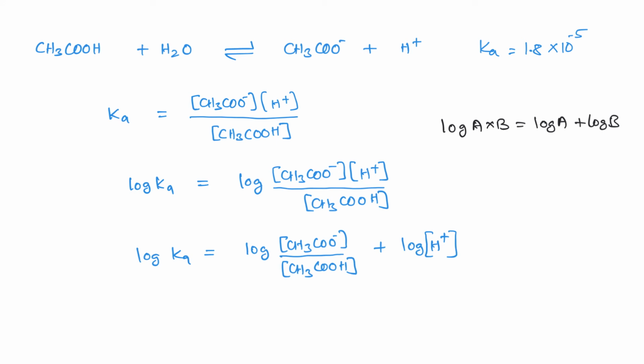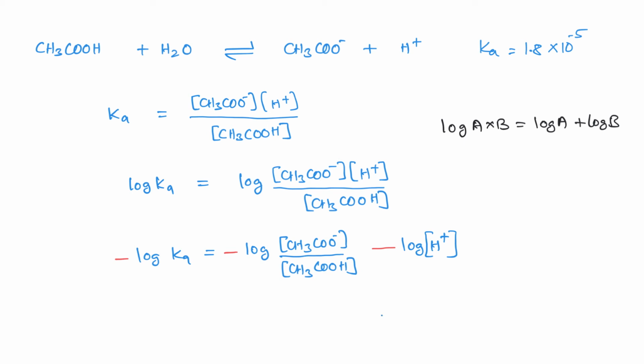Log Ka is equal to log of concentration of acetate ion divided by concentration of acetic acid plus log of concentration of H+. If I multiply both sides with -1, I will get negative log Ka is equal to negative log acetate ion concentration divided by acetic acid concentration minus log H+.